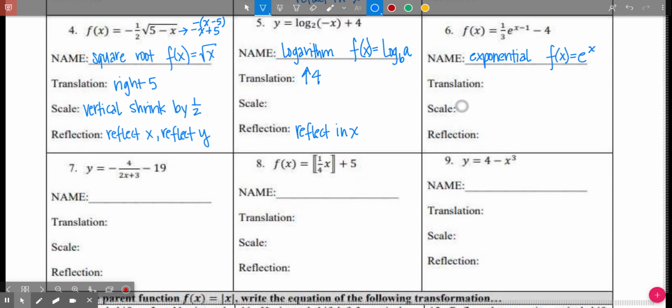We have a vertical shrink by a factor of 1/3, we have shifted right 1 unit and down 4 units. And I have no reflection in x or y.